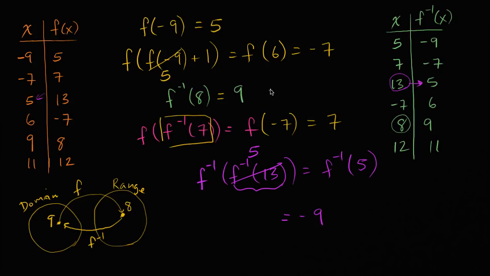Hey, I'm going back and forth. But you just have to remember, a function maps from one set of numbers to another set of numbers, and the inverse of that function goes the other way. So if the function goes from 9 to 8, the inverse is going to go from 8 to 9. So one way to think about it is you just kind of switch these columns. Hopefully that clarifies more things than it confuses.